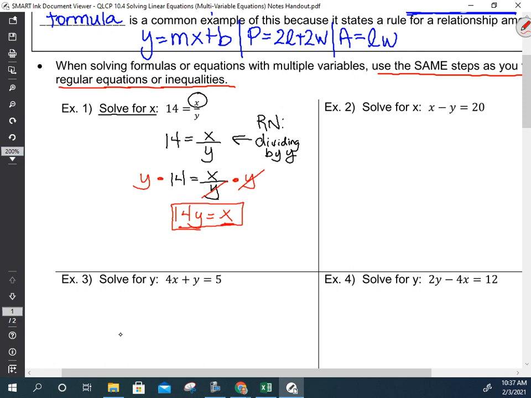I want you to notice your answers are not going to be just numbers by themselves. The other letter will still be there. The problem is just being rearranged. Any questions with example 1?